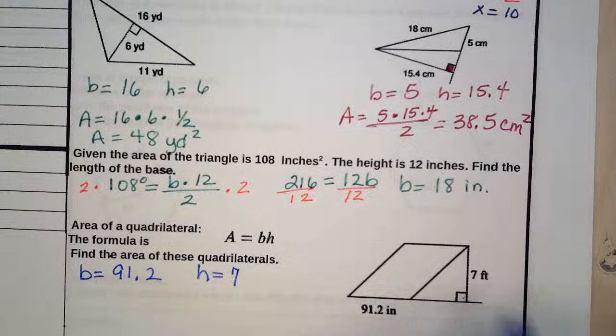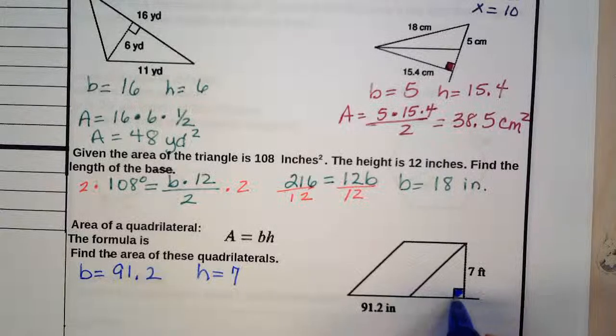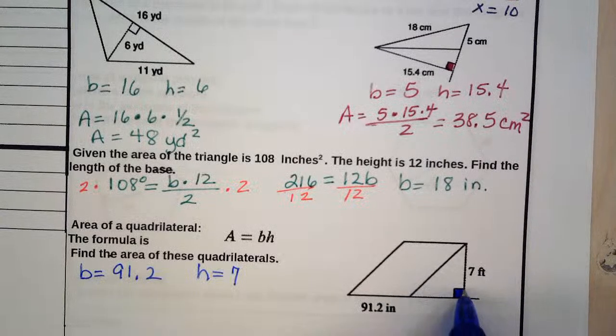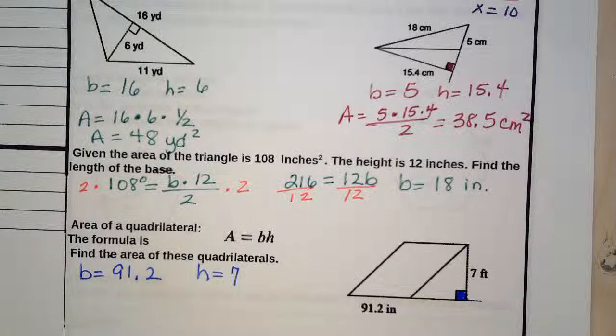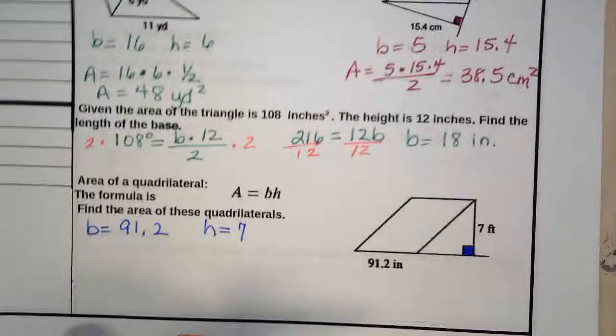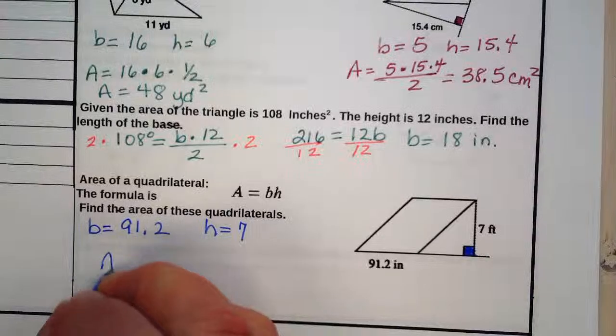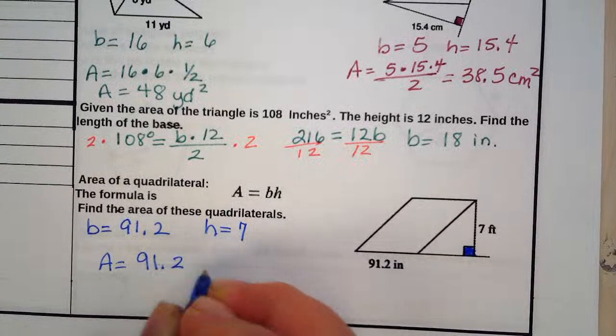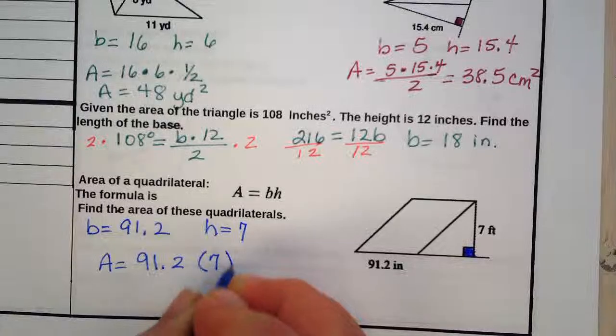That height has got to be on the perpendicular to the base. It's the length of the segment that is perpendicular to your base to the top of it. So for my area, 91.2 times 7.